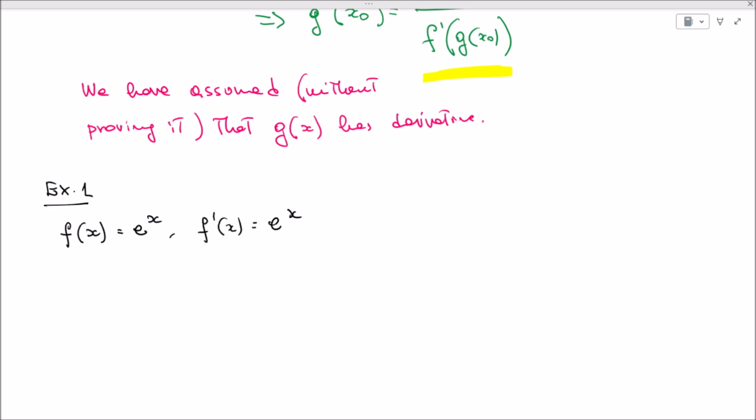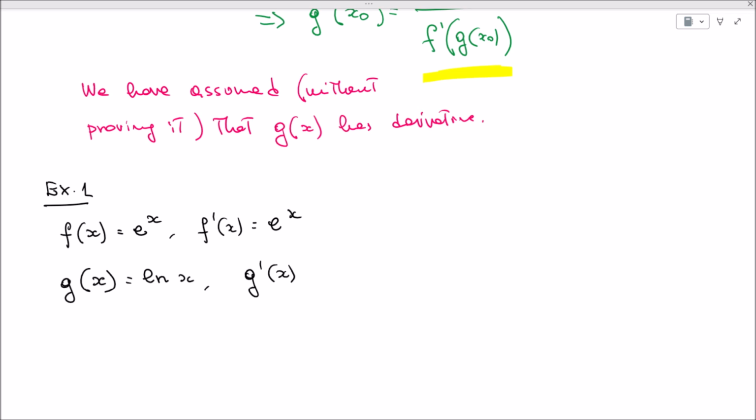Now, what we would like to do is find the derivative of the inverse. And we know that the inverse of f of x is g of x equal to the logarithm of x. So, what will be the g prime of x?